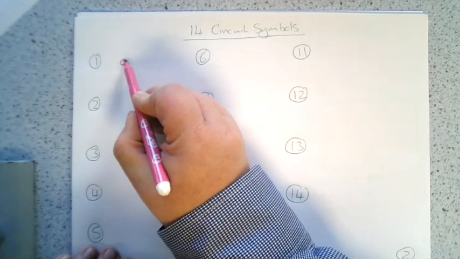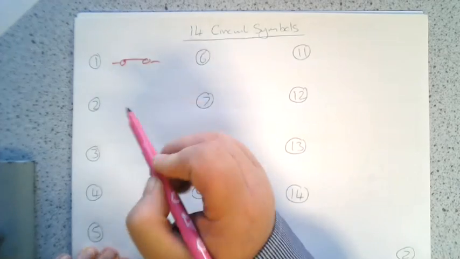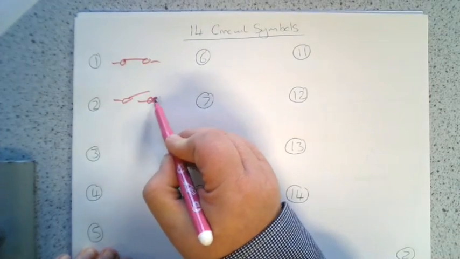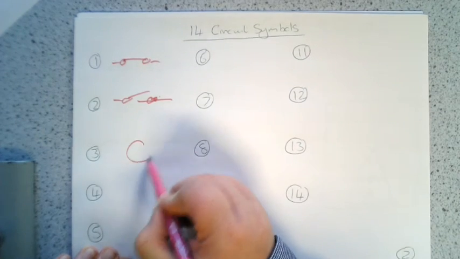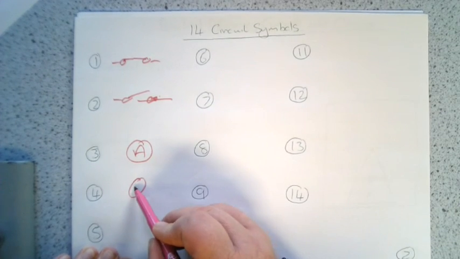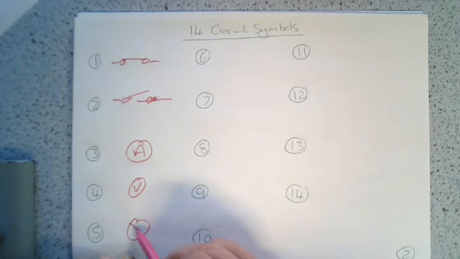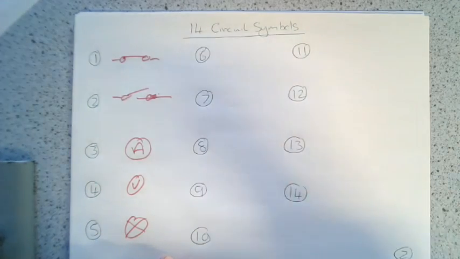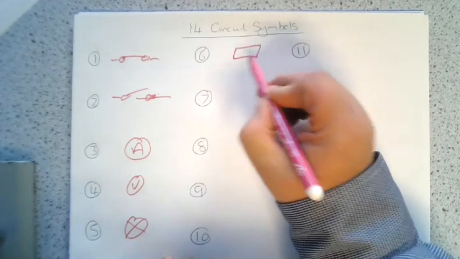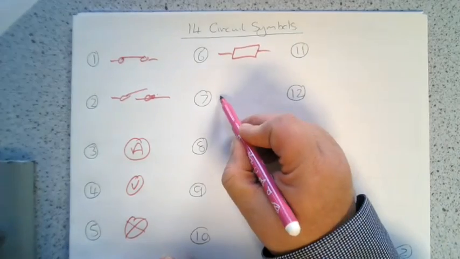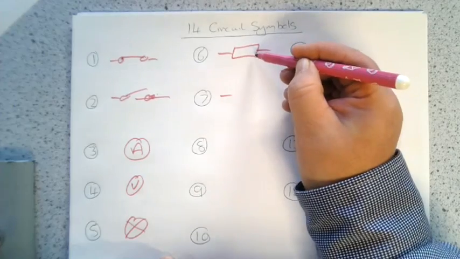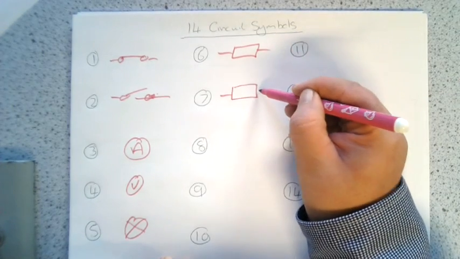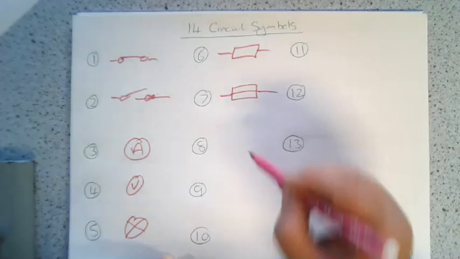Well, we've got a closed switch. We have an open switch, an ammeter, a voltmeter, a bulb. Okay. Then let's think about a resistor. Now, when it's a rectangle, it's always a type of resistor. Our next one, a line going through it, is a fuse.